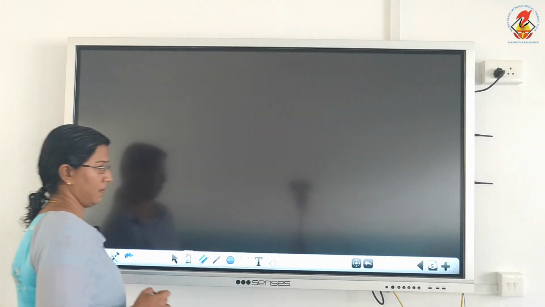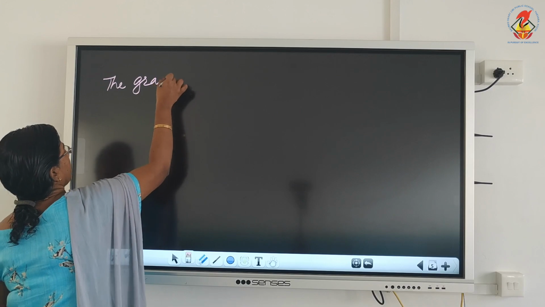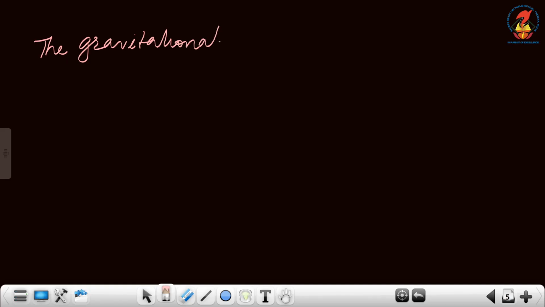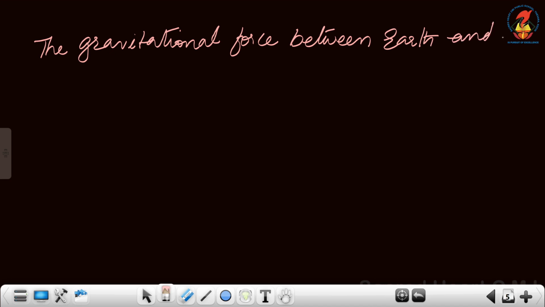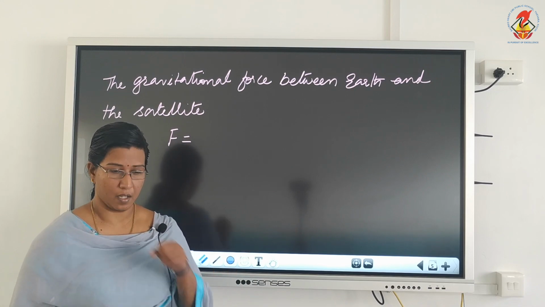Now, the gravitational force between Earth and the satellite is given by the equation F is equal to, we know the general equation for gravitational force, F is equal to G m1 m2 divided by r square.